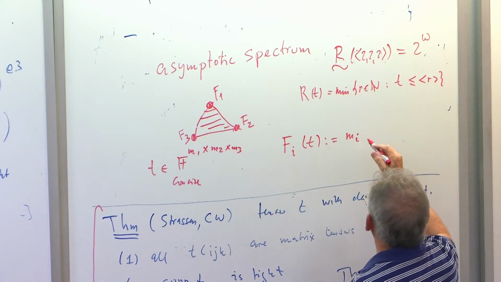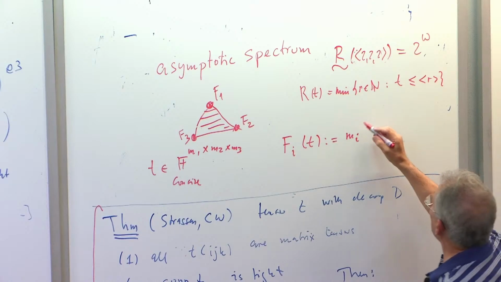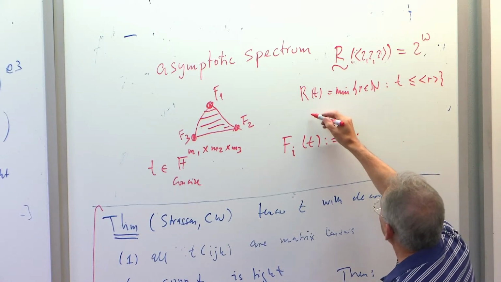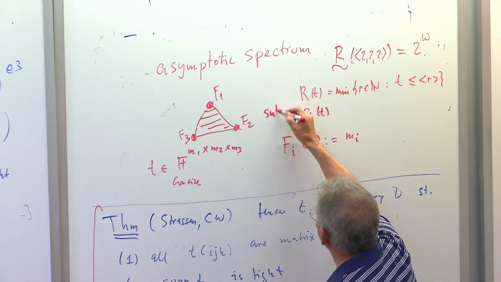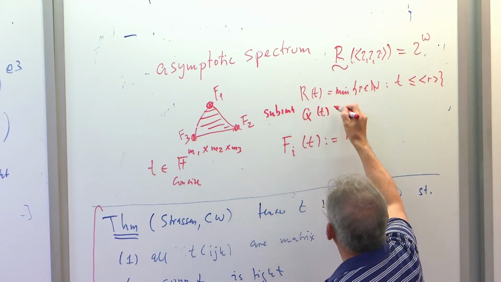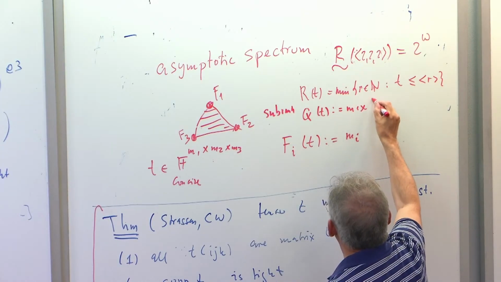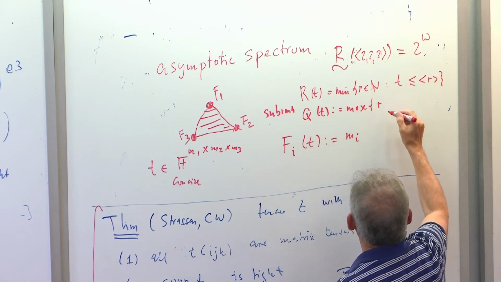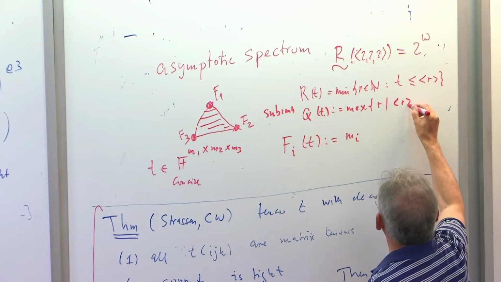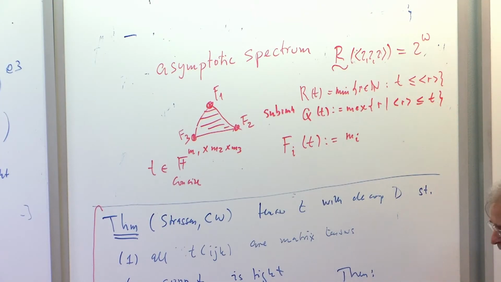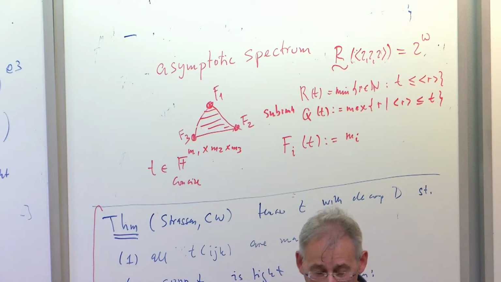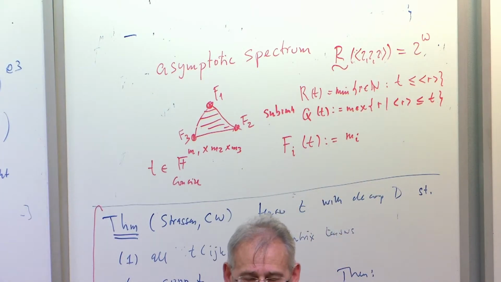But you may say, instead we can approximate from below. And this leads to the notion of subrank Q, the maximum R such that the unit tensor of size R is less than or equal to T. So you see, I just reversed it. Instead of approximating from above, I approximate with a natural number from below.